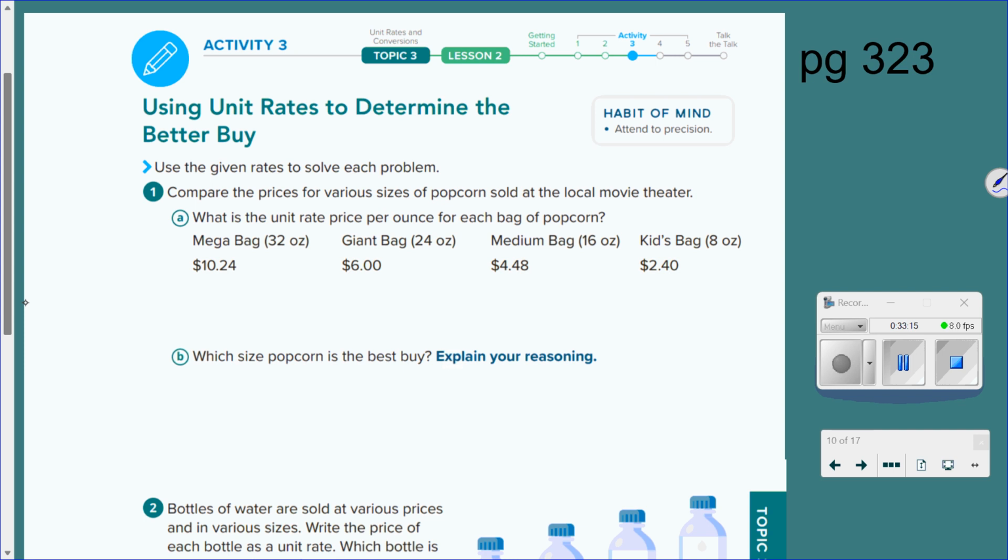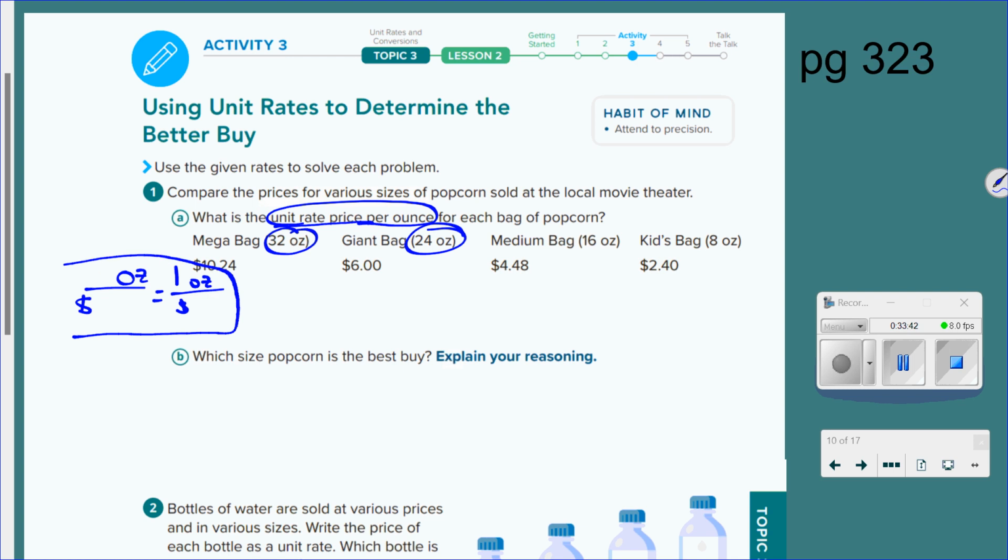Find a unit rate. This one says unit rate, price per ounce. So in other words, I'm going to take the ounces to 1. Every one of these is going to start the same. You're going to have ounces and dollars, but you're going to put in each individual one and go down to 1 ounce, because I want the price per ounce. Make sense? So this is your framework for all 4 problems. See how many of them you can finish in the next 4 minutes.